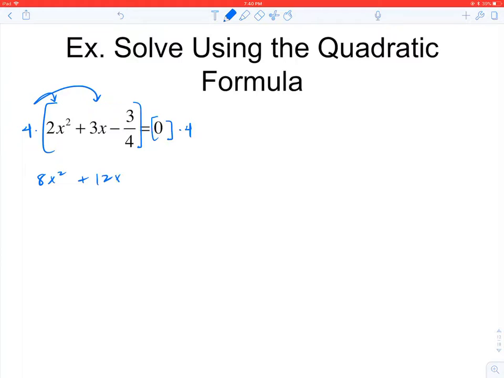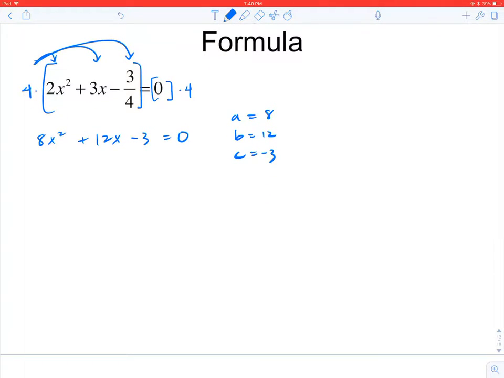And then when we distribute the 4, we'll have 8x squared plus 12x minus 3 equals 0. Much better. So a equals 8, b is 12, c is negative 3.